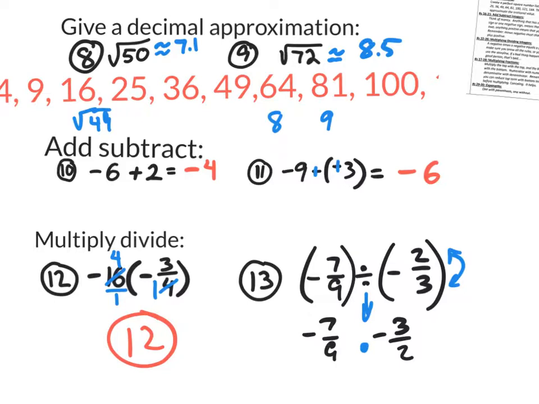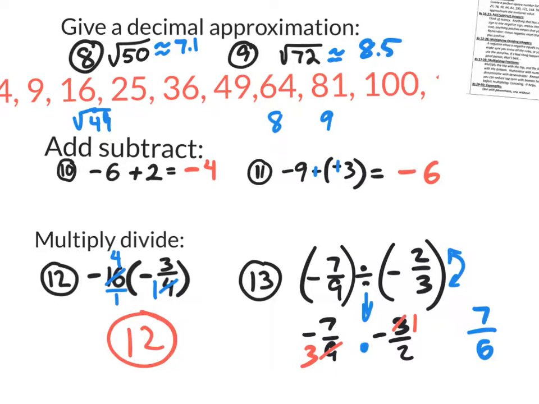Okay, we could reduce, right? The 3 up on top and the 9 on the bottom, we could reduce that by 3. 3 divided by 3 is 1. 9 divided by 3 is 3. That does help us. And now let's just multiply top with the top. 7 times 1 is 7. And 3 times 2 is 6.